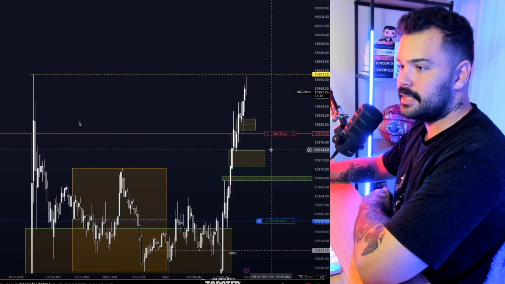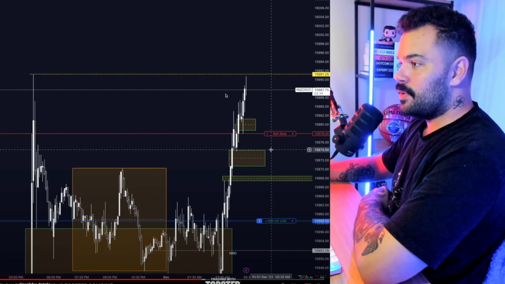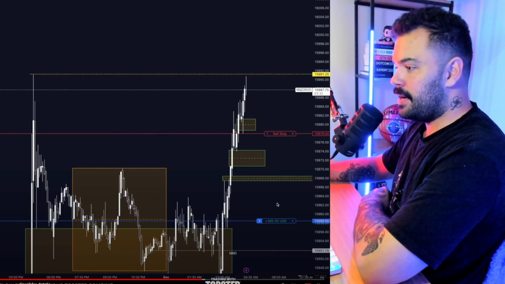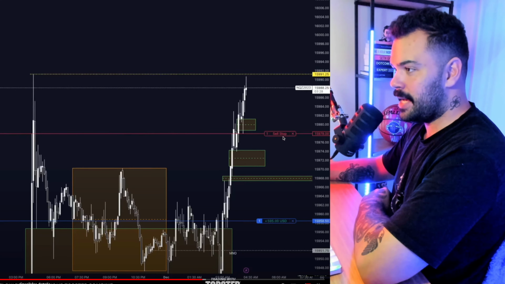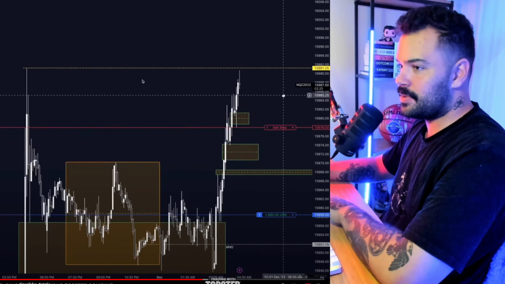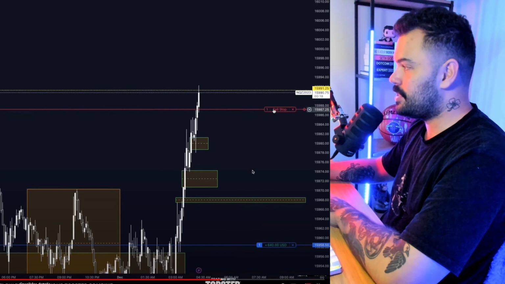And my opposing target there was the previous day's high. So as it ran up towards that high, I trailed my stop up above break even to secure profit in case there was any crazy whipsaw back to the downside. As we got closer and closer to my ultimate target, which is that opposing key level, I trailed that stop right behind it.